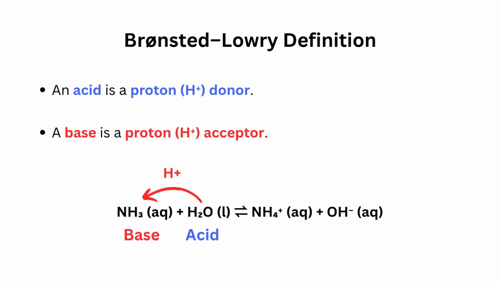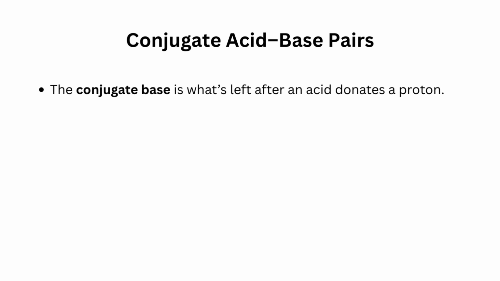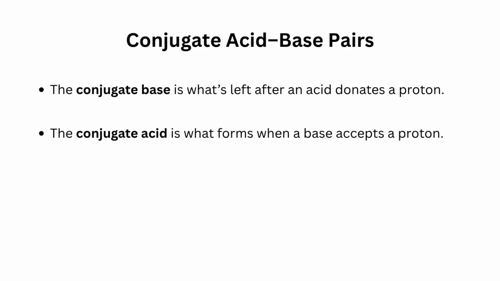This leads us to the idea of conjugate acid-base pairs. A conjugate acid-base pair consists of two substances that differ by just one proton, H+. The conjugate base is what's left after an acid donates a proton. The conjugate acid is what forms when a base accepts a proton.